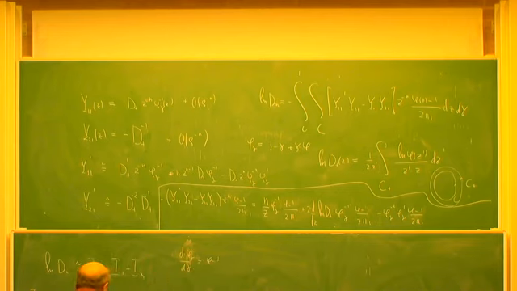Here we have, of course, d over d gamma, so this is d over d gamma of the logarithm of phi gamma. This is just this derivative because of this formula. So if I first integrate with respect to gamma, I just get the logarithm.